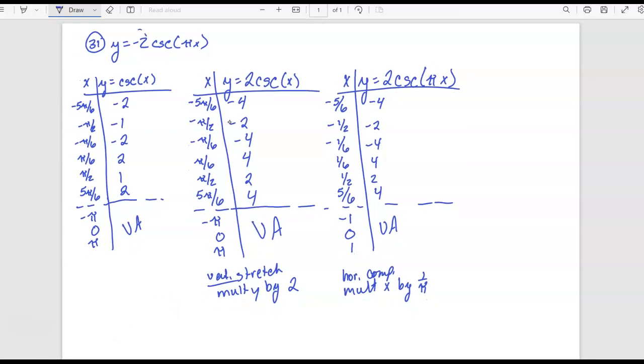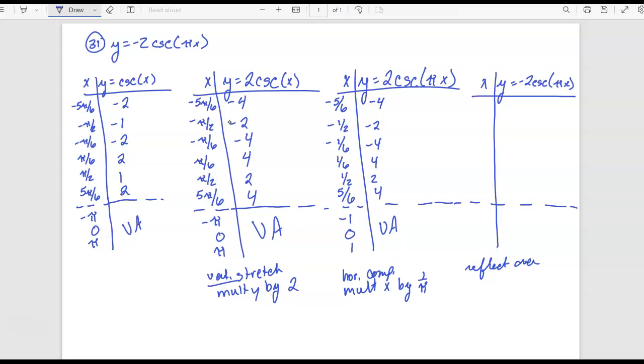And then now we just have to deal with the reflection there. That's going to reflect over the x-axis, which changes the sign of y.